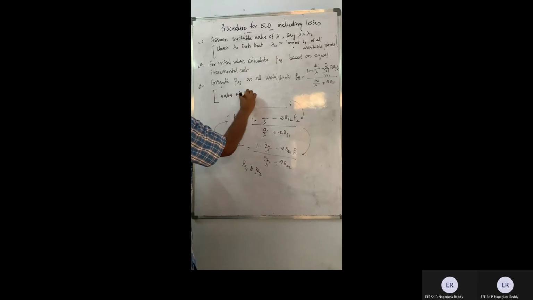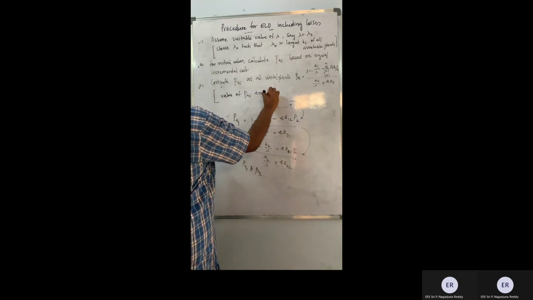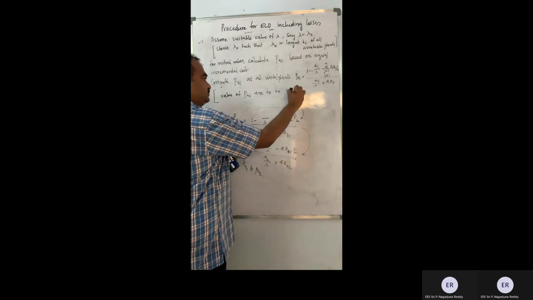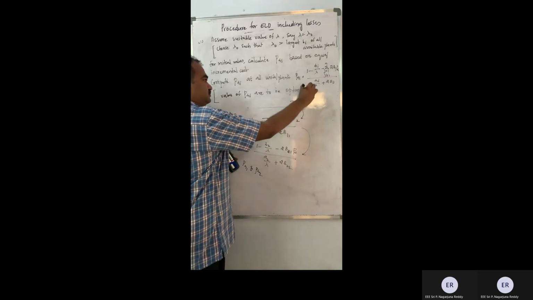Values of PGI are to be optimized. Before going to the next step, if 3 plants are there, P1, P2, P3, again P1, P2, P3, until you don't have any changes. So values of PGI are to be optimized using these equations only here itself. Maybe it is a time-taking process, but you need to optimize them.